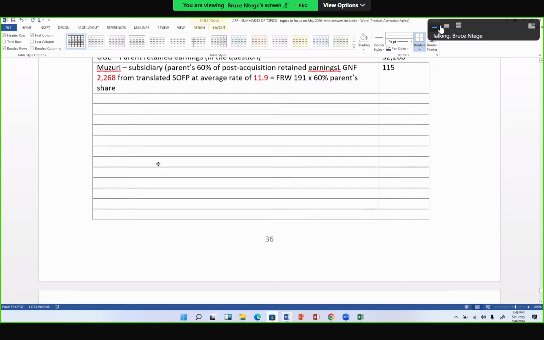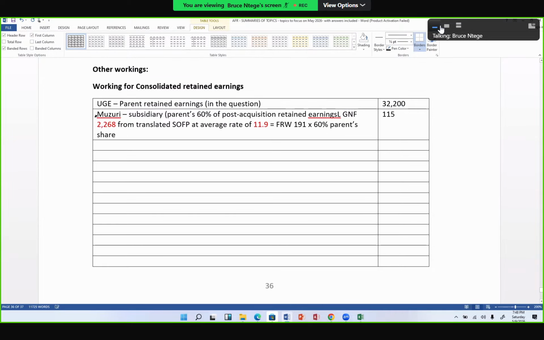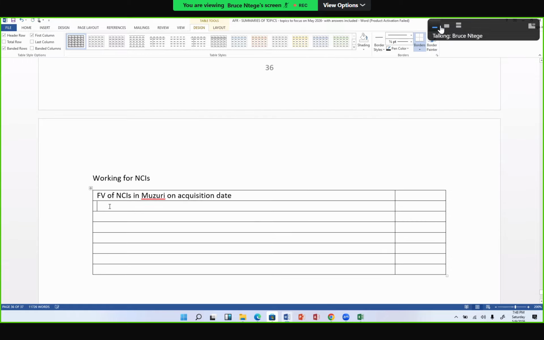I'm also doing plus the non-controlling interest's share of the post-acquisition retained earnings or reserves in the subsidiary. For them, it will be 40%.